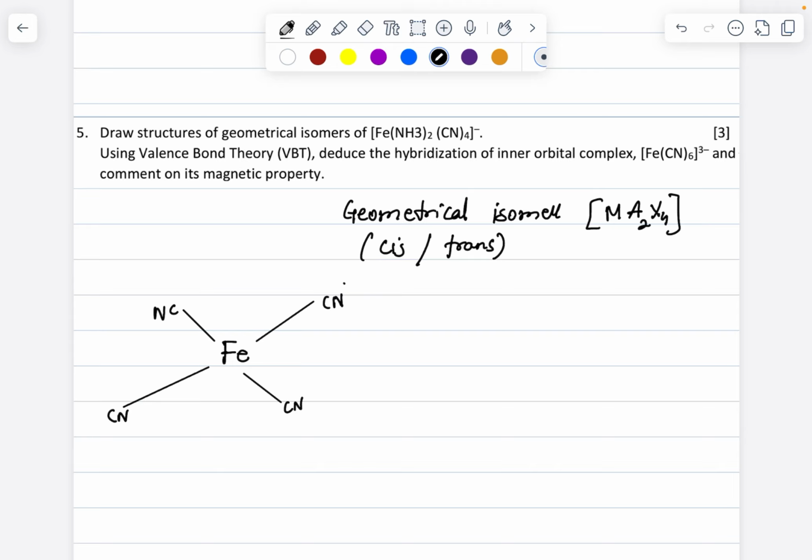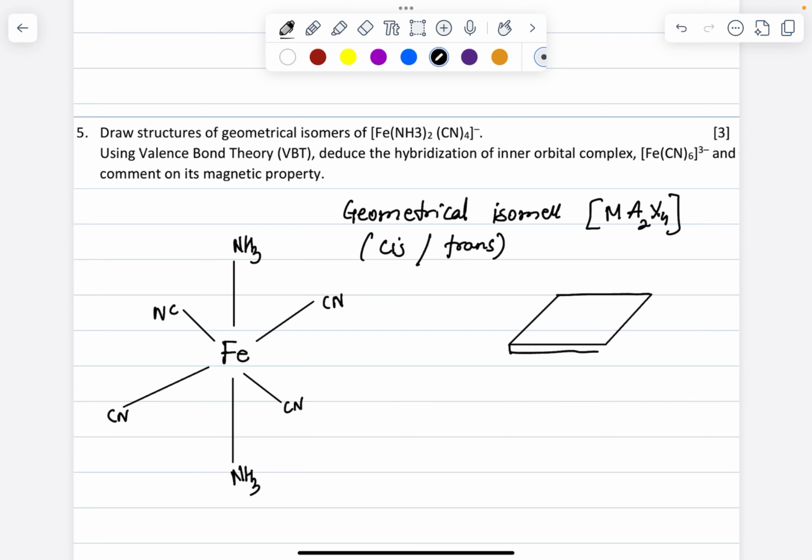All these four cyanides and the iron are in one plane. And I can put the two NH3 like this, one above the plane and the other below the plane. You have one plane. I'll try to draw that plane over here. Let's say this is that plane.